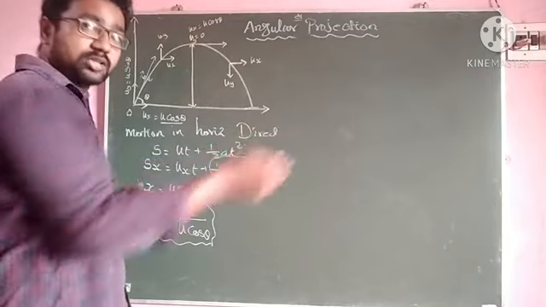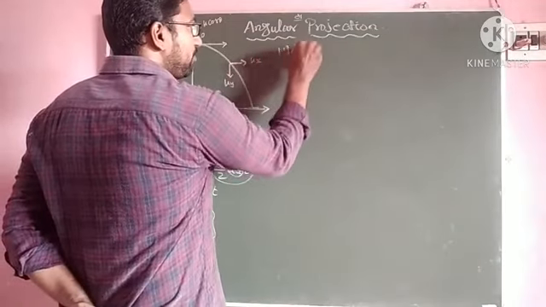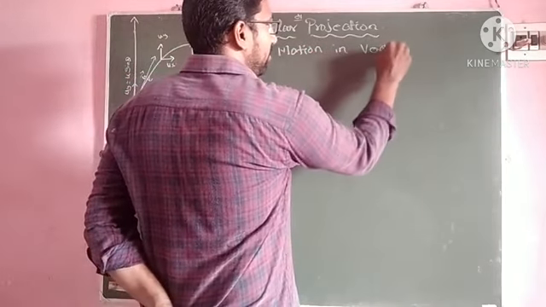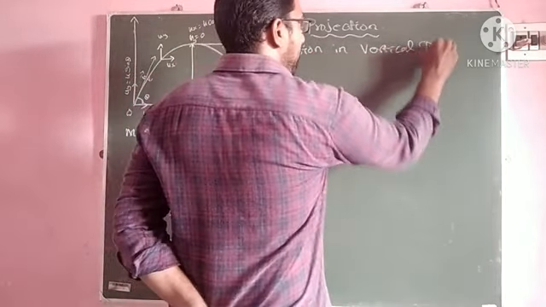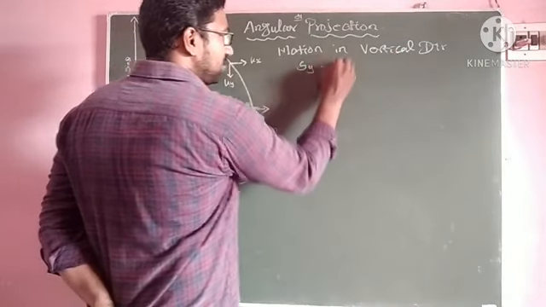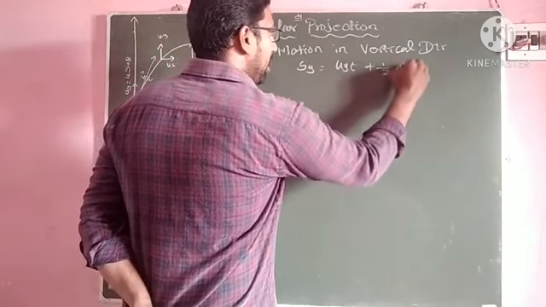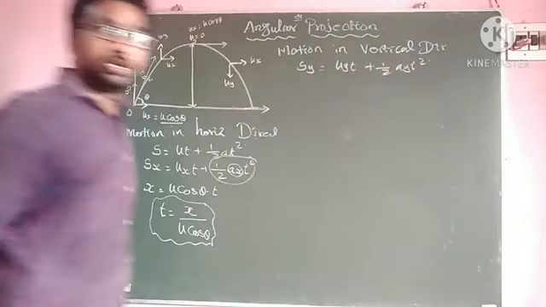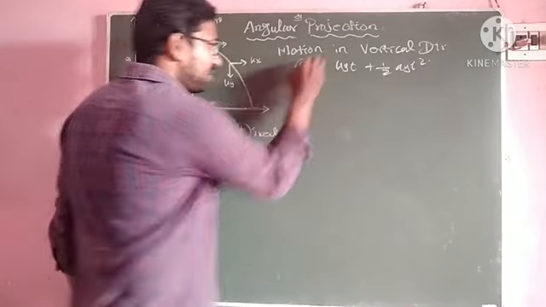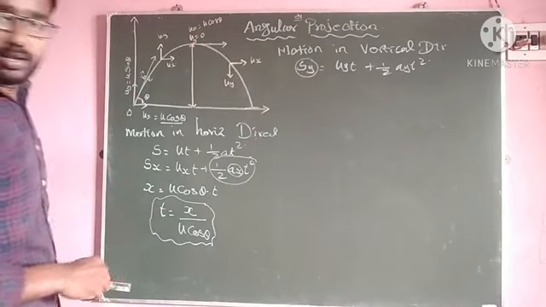Now let me move on to motion in the vertical direction. What is the kinematic equation? Sy is equal to uy t plus 1 by 2 ay t square. Here Sy represents the y component, that is the height of the object.